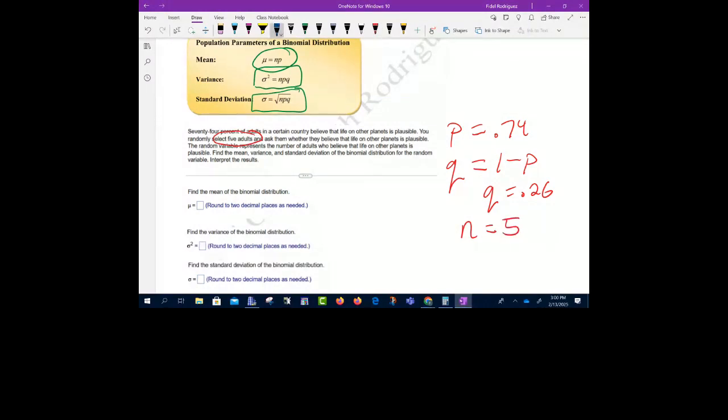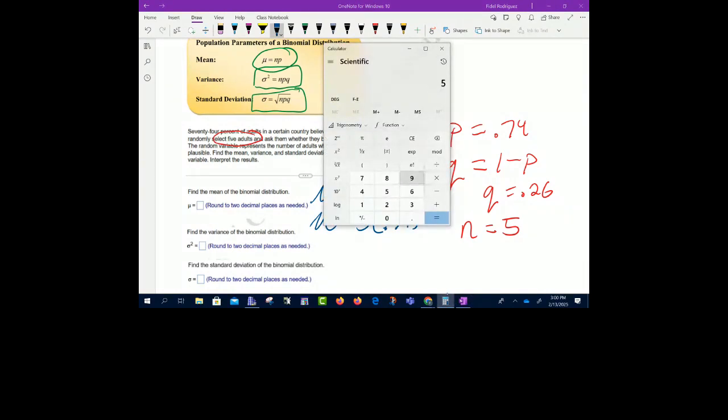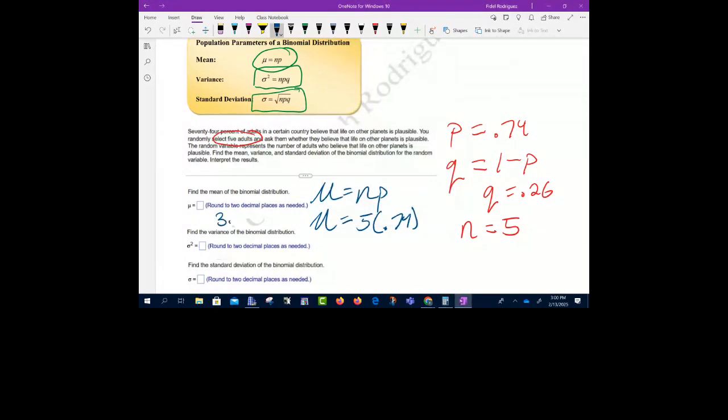Okay, so let's find our value for mu. Our value for mu, the average, is going to be n times p. So it's going to be 5 times 0.74, 3.7. So on average, 3.7 people think that, yeah, life exists somewhere else.